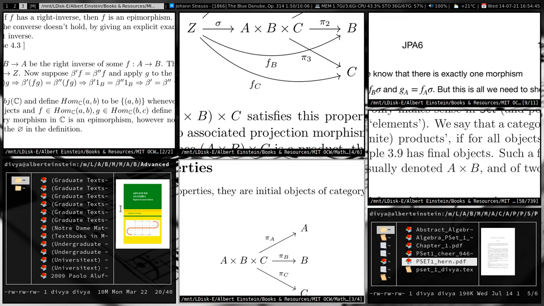You have to find a reasonable candidate for the universal property that the product A cross B cross C of 3 objects ought to satisfy. No matter where we put the parentheses, it must satisfy the universal property. So deduce that the two are necessarily isomorphic, and this is kind of from the previous problem.